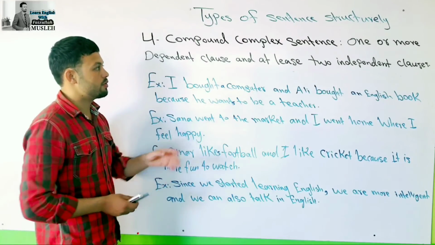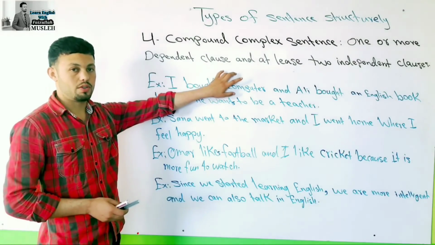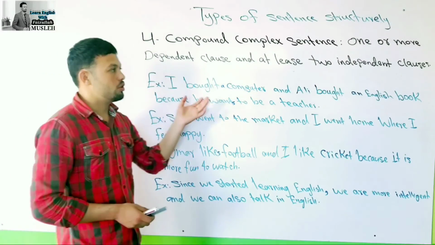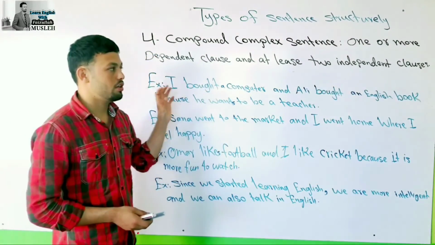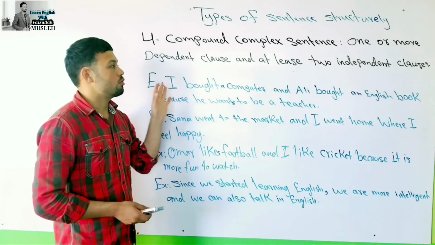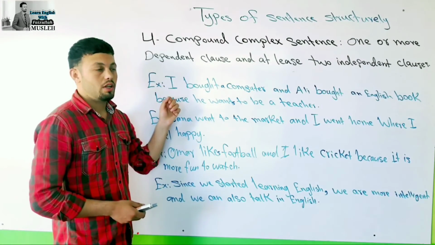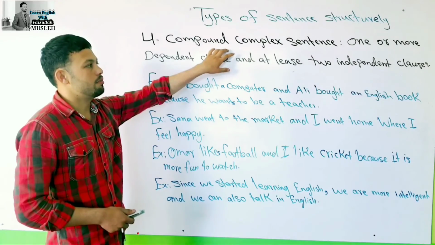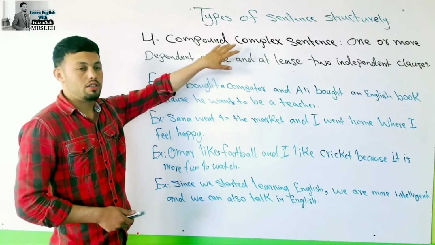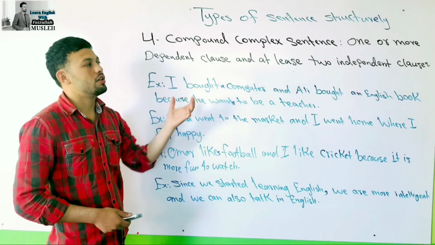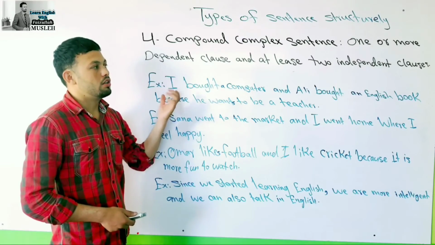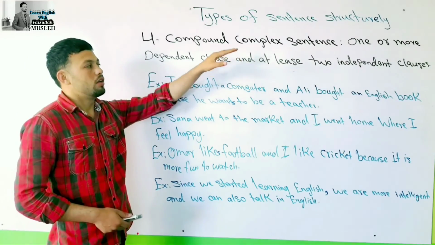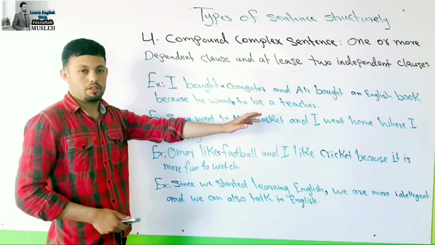These are the examples for compound complex sentences. Now remember to use at least two independent clauses and one or more dependent clauses. In compound complex sentences, we use a lot of dependent and independent clauses.